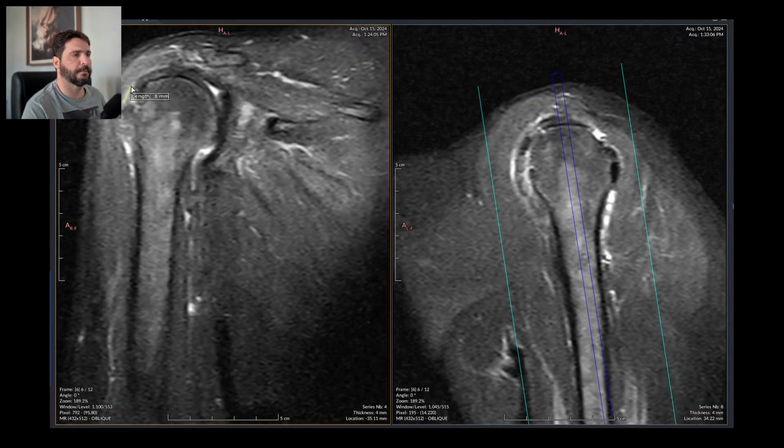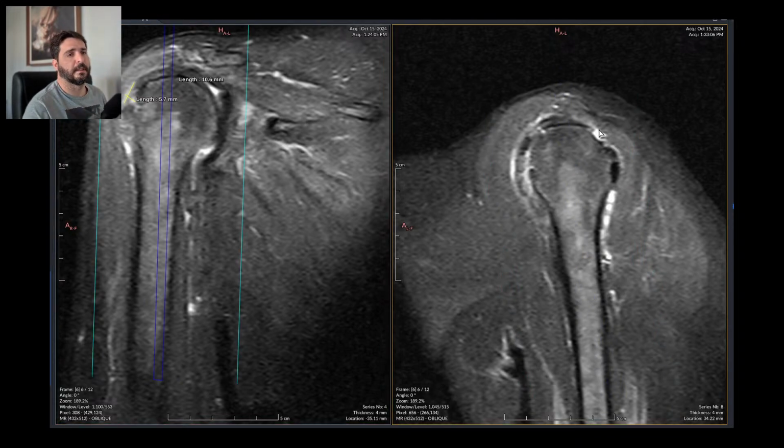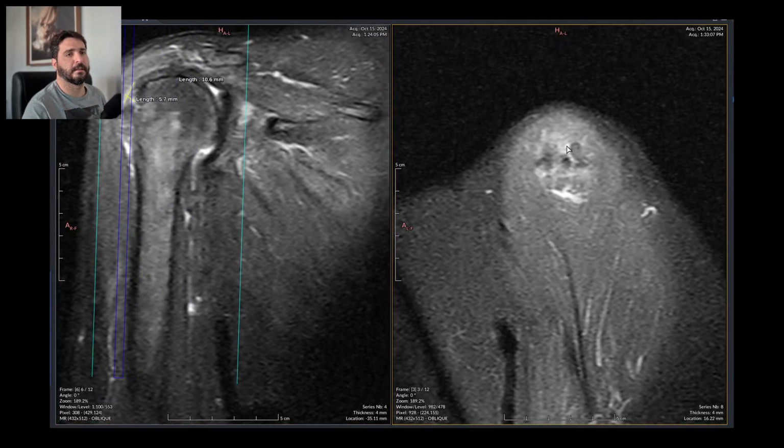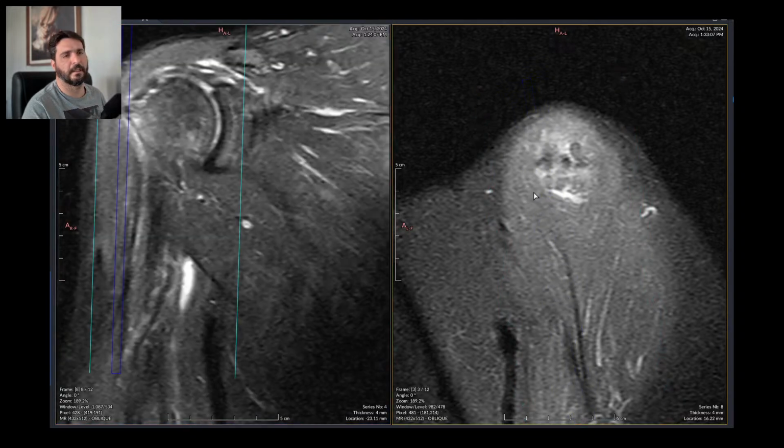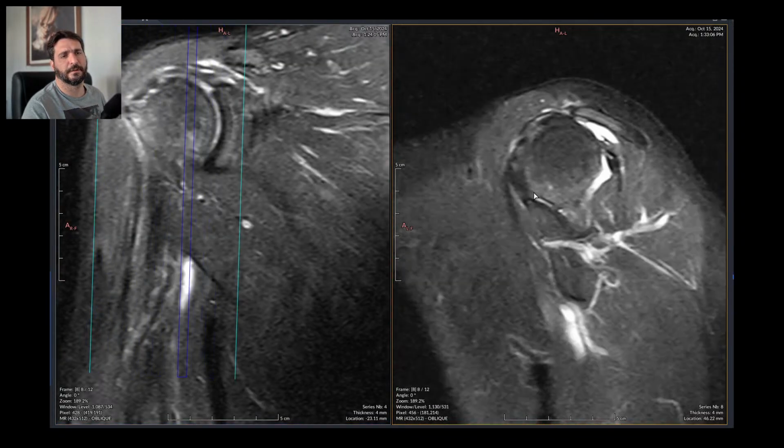There is a tiny rupture right here, 0.0 by 0.5. Let's see if I can. Yes, it's there. Probably. It might be there. So shaky I can't really tell for sure.